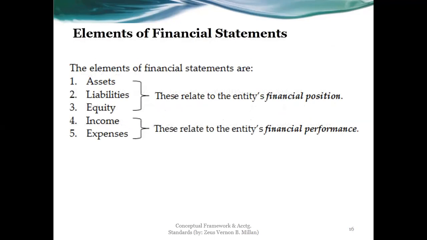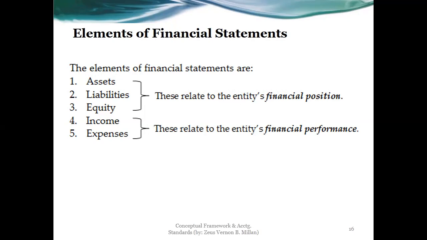Next, elements of financial statements, as what I've said, are also known as accounting values. And these are from assets to expenses. The first three are found on the entity's statement of financial position, which would measure the financial position of the business. So the financial position would be as of that particular time, what is the standing of the business?